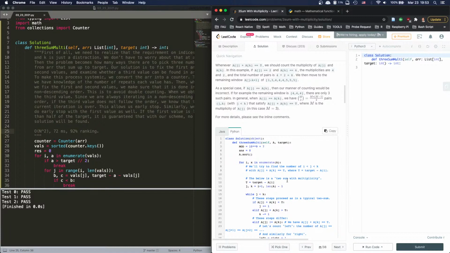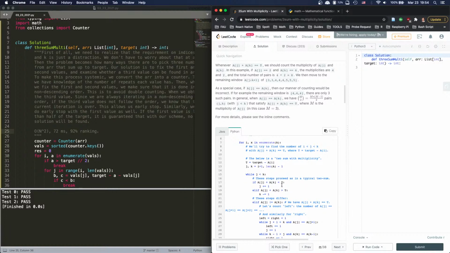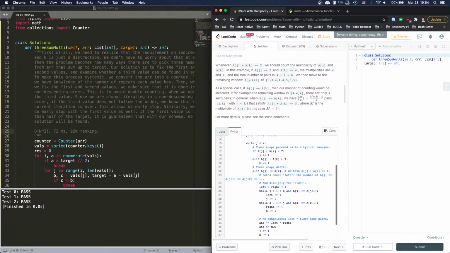3 sum with multiplicity. So we have t, the target minus this, j and k. So j is, k is, k from the end. And then they're trying to merge, coming together. If they're too small, j increments. If they're bigger, k decrements. If it's equal, right?